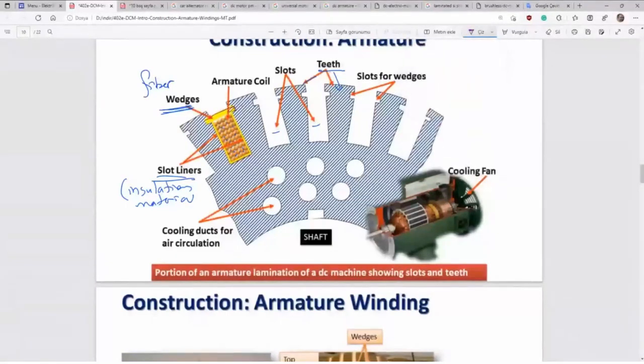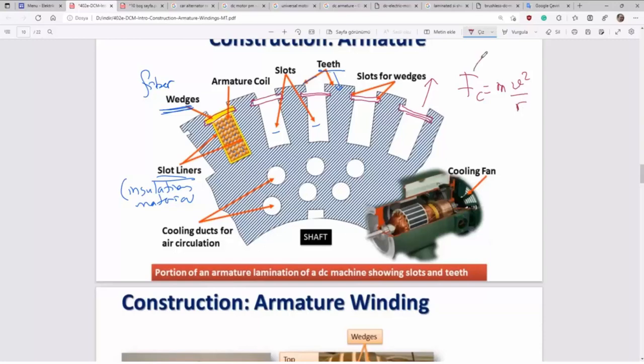We use wedges. Here are wedges installed to keep conductors inside the slots under heavy centrifugal forces, because you know centrifugal force is m v squared over r, where r is the radius.